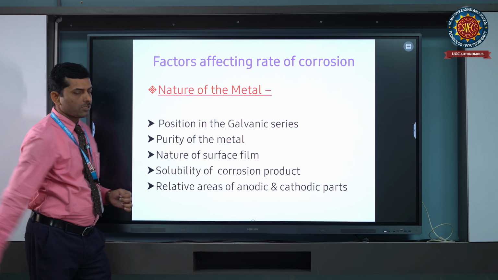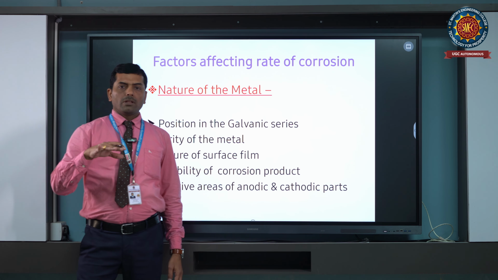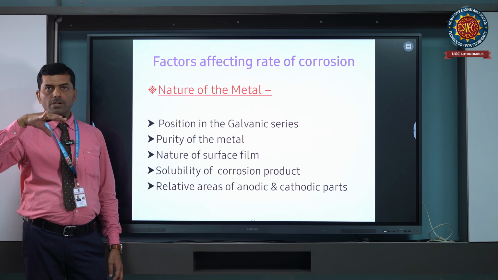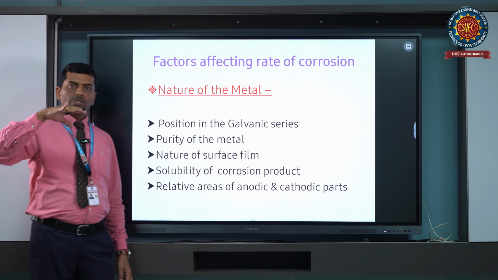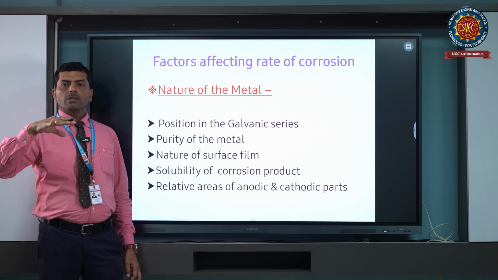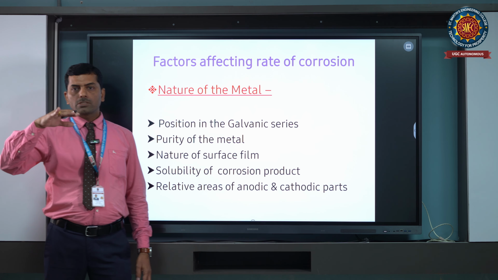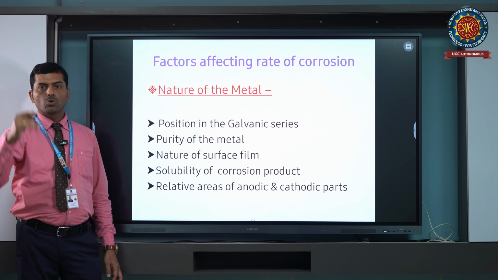Next, nature of the surface film. Generally when a metal is exposed to all types of atmospheric conditions, a surface film, an oxide layer, is formed. The metals which have more oxide layer are protected, and the metals which have less oxide layer are unprotected and prone to more corrosion.